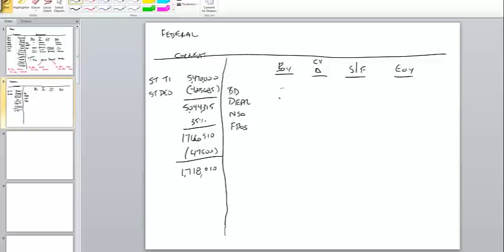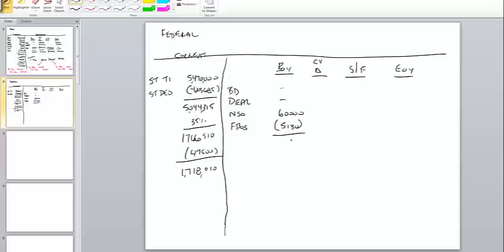So at the beginning of the year, I had no bad debts, no depreciation, 60,000 of temp items for NSOs. And if you remember back from our state provision, our beginning of the year deferred for state was a DTA of 5130. So that means I have a taxable temporary difference of 5130 for federal purposes, because if I'm going to save state tax, I'm not going to be able to deduct federal tax.